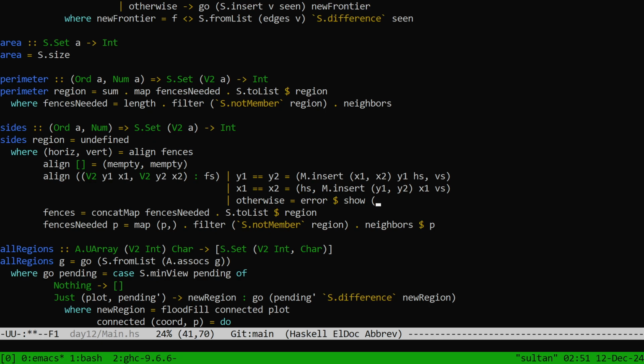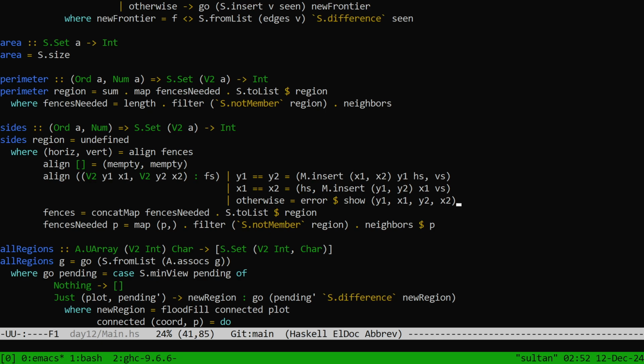Like, this sucks, man. This shouldn't trigger because they should have the same y or the same x, because that's how fences needed works. It only looks at adjacent neighbors. We'll just show this. I don't expect this to ever happen.